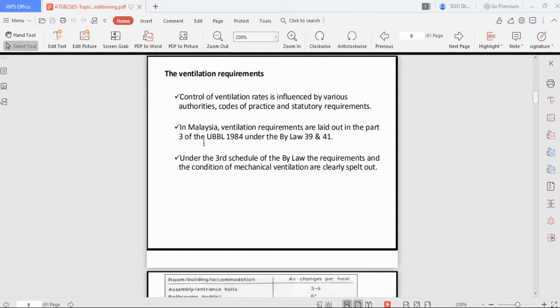To see where the services are put, we'll always refer back to UBBL. This is the standard requirement for all buildings.